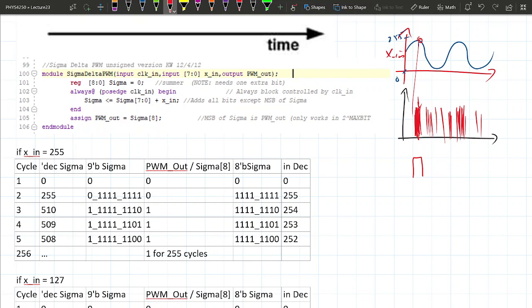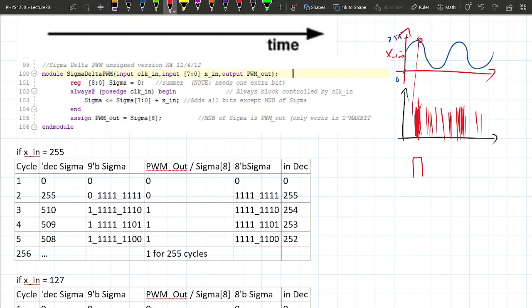You're going to see that it's not, which is okay, but it's going to be 1/256 of the period of the cycle. So in cycle number 1, I'm just looping through this positive edge over and over again. First cycle, sigma is 0. I'm going to write this in decimal, but I'm also going to convert this to binary.